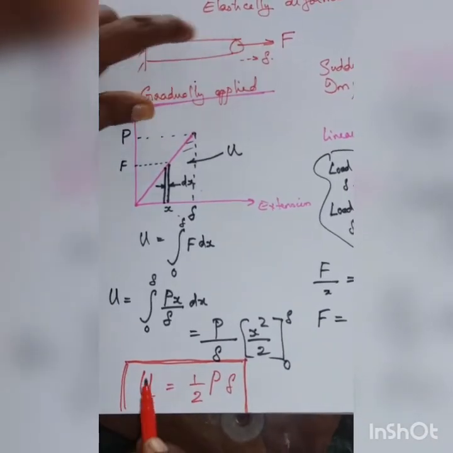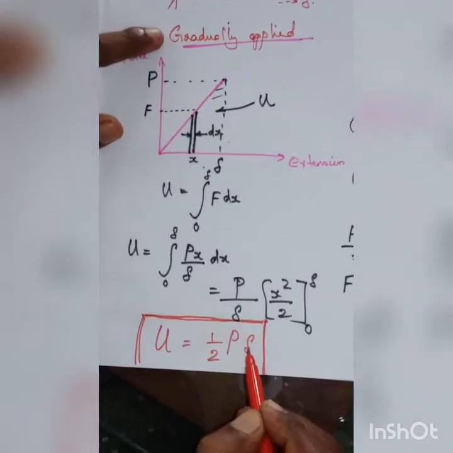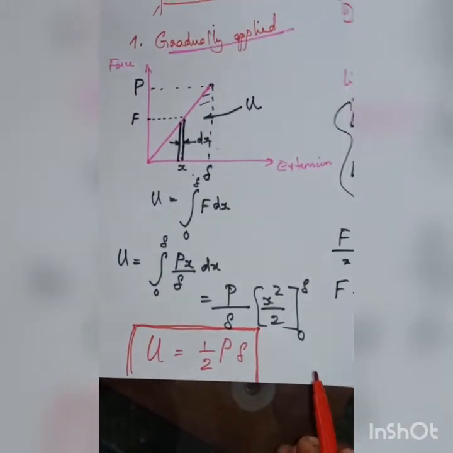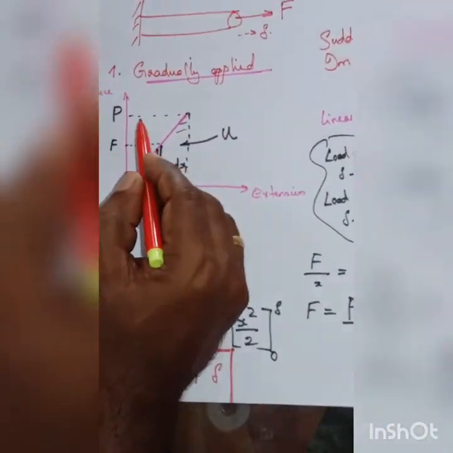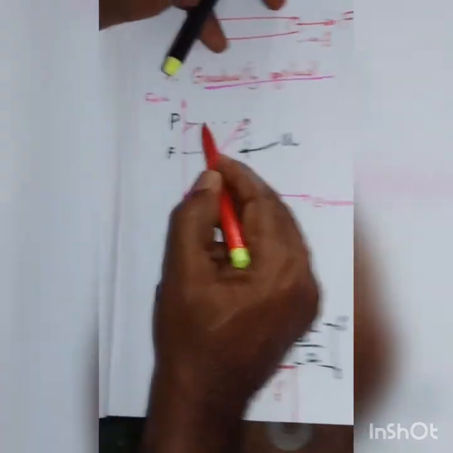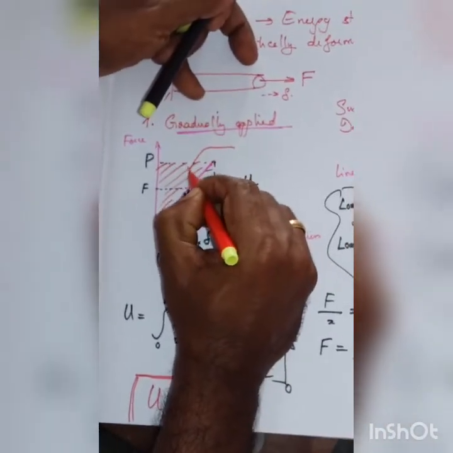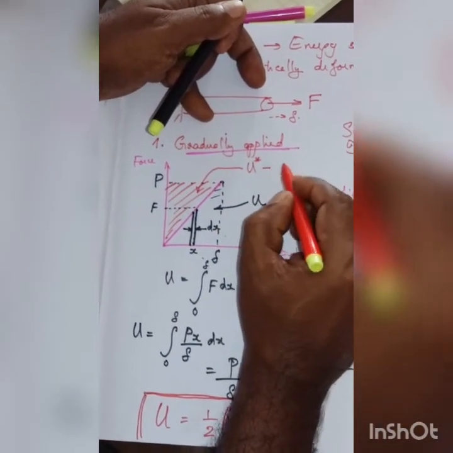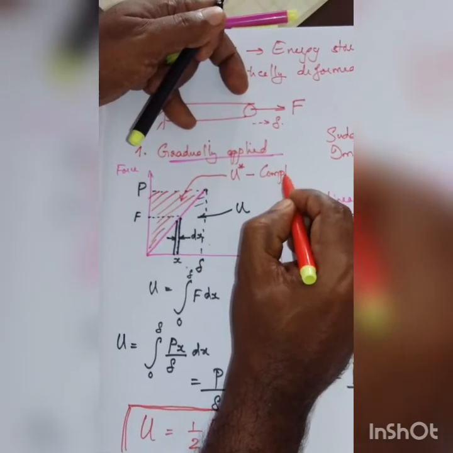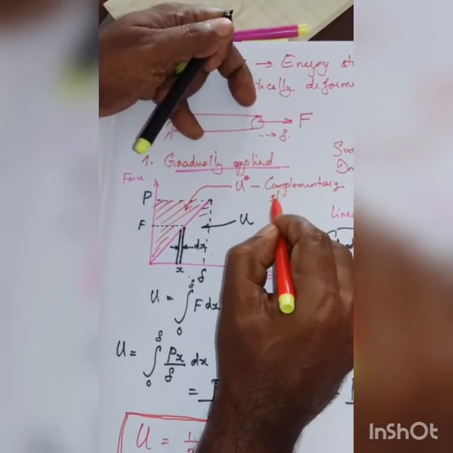You can see that strain energy is a function of the load as well as the corresponding deflection. And if you see the area with respect to the y-axis, this particular region is called U star, which is called complementary strain energy.